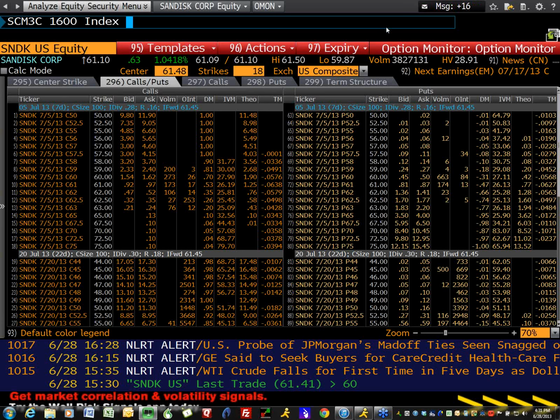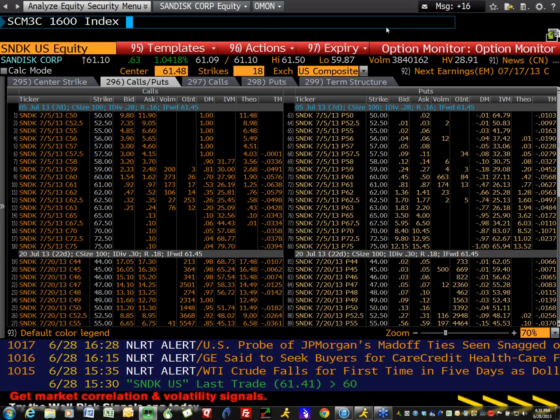But it basically uses five components: the price of the stock, the expiration of the option, the strike price of the option, the dividends that are associated with the stock, and the risk-free interest rate in the markets, call it the Fed funds rate. And then the fifth one is implied volatility.